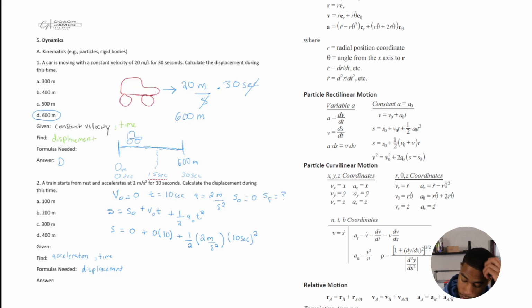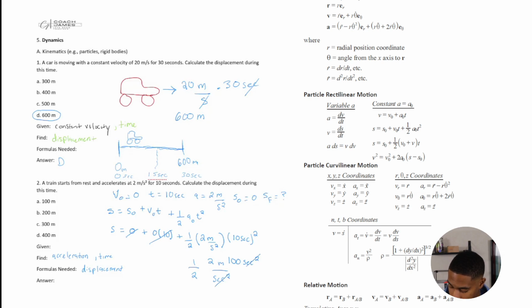Pay attention to our units, right? So I know that 0 times 10 is 0. If we do 10 squared, that's 100 seconds squared, times 2 meters per second squared times 1/2. Right?